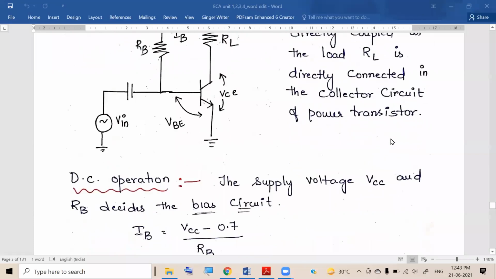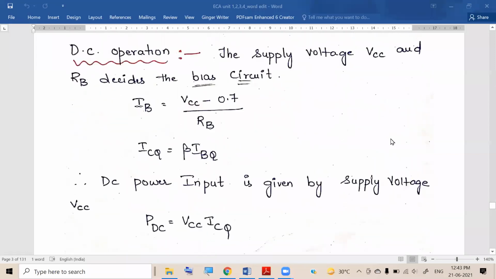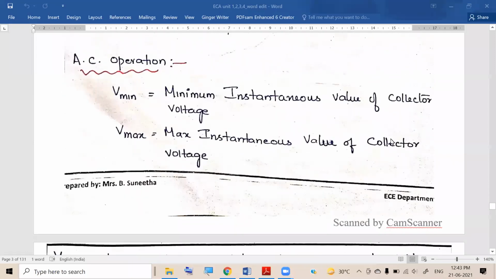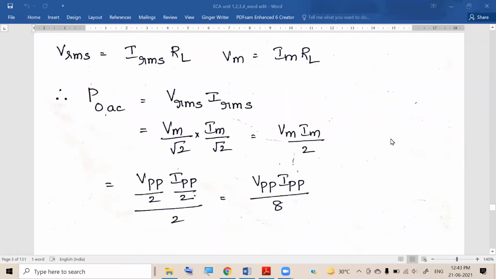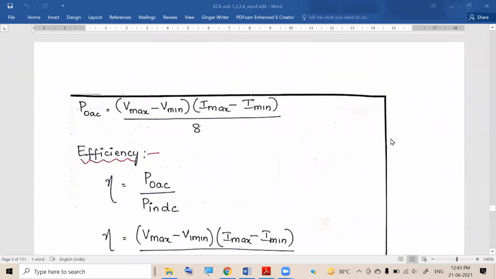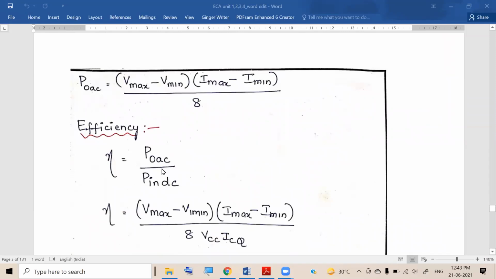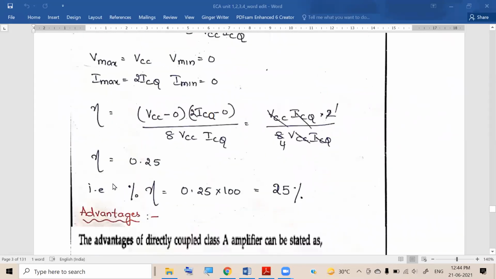Efficiency will be the output AC power by input DC power. If you want percentage efficiency, multiply by 100.